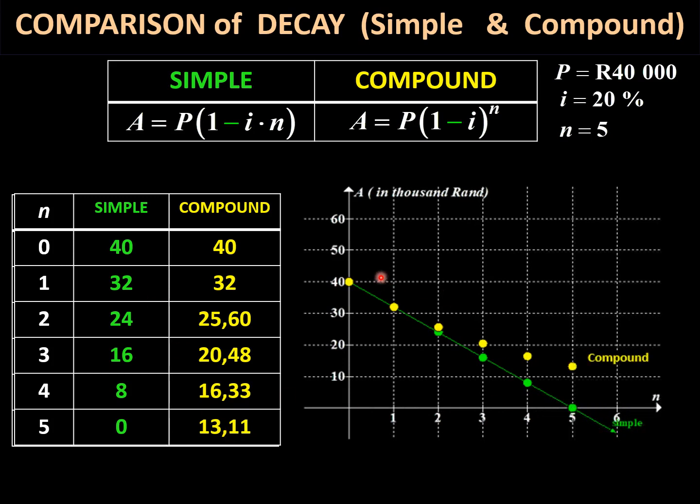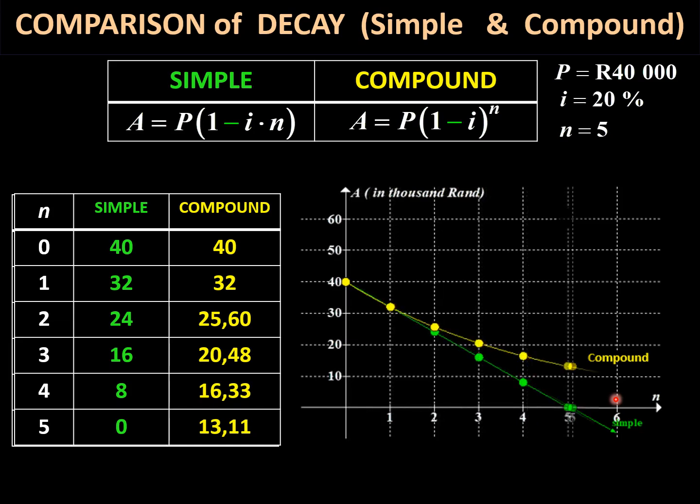It also has an exponential function here, but it never reaches 0. There's an asymptote here. And if you join those points, we see that that's the compound decay. It will never attain 0, it doesn't matter how far we go.